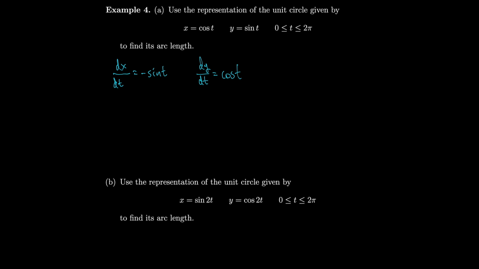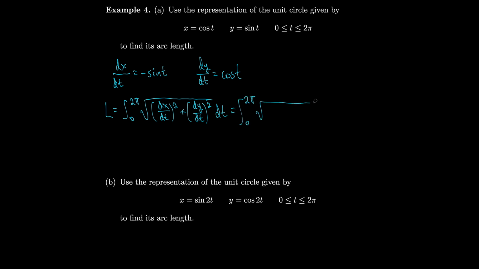So that means that our arc length L is equal to the integral from 0 to 2 pi of the square root of (dx/dt) squared plus (dy/dt) squared, and that integral is the integral from 0 to 2 pi of the square root of sine squared plus cosine squared.